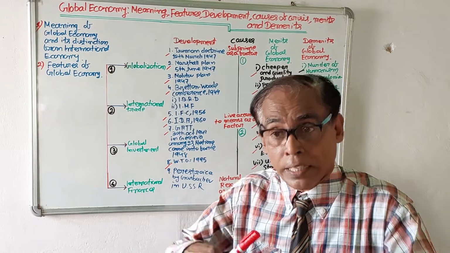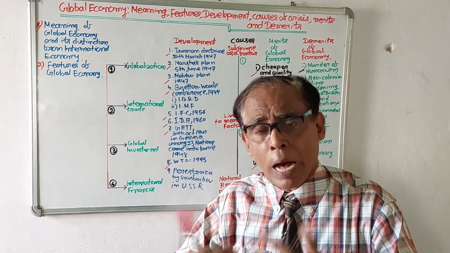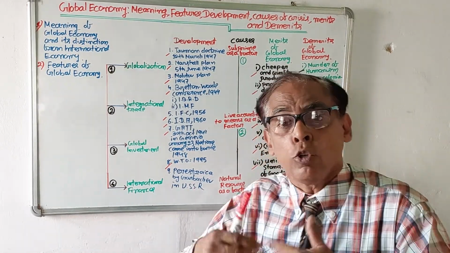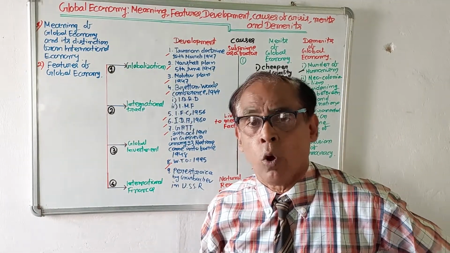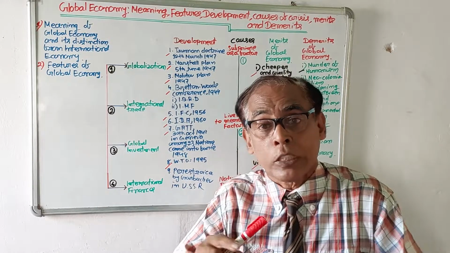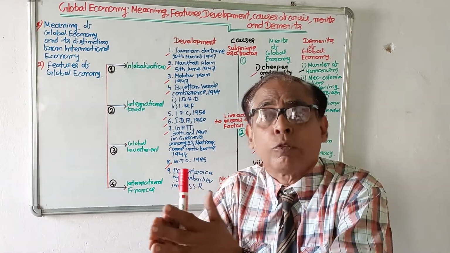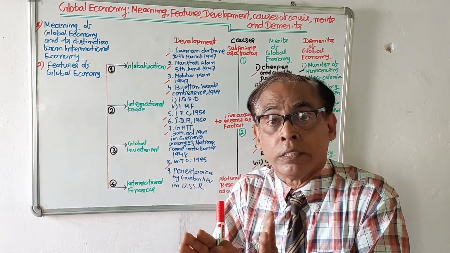As a reaction against the step of America, Russia also introduced the Molotov Plan of 1947. On the basis of the Molotov Plan, Russia also started to give help to its allies so that they would not go to the American fold.